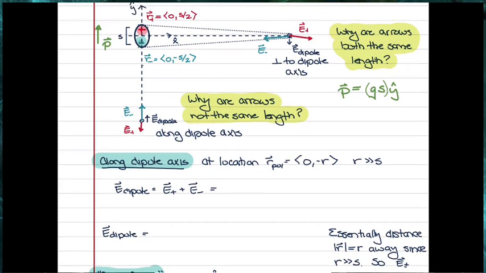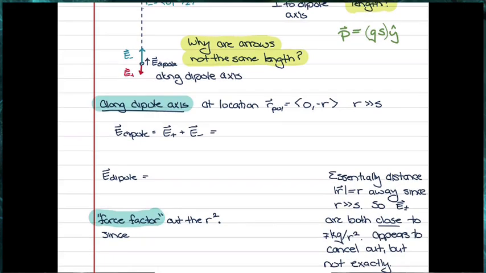The charge is at essentially s over 2. The distance r is from the origin to the point, and then there's plus this s over 2. So then, apologies, it's negative k q, and the distance between these two locations is r plus 1/2 s, or s over 2, all squared.